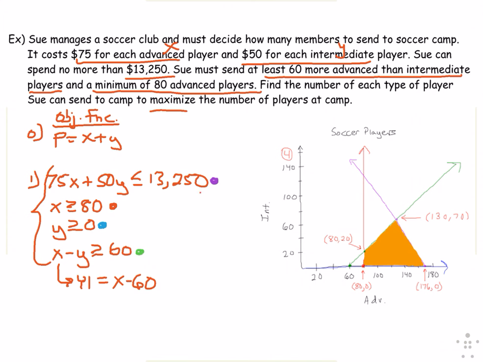Because I don't have that in front of me, I will show you how I really would do it. y2 is equal to, I don't know how any of this simplifies. You could divide it by 5 and go from there, but I'm just going to let the calculator do all the work. So parentheses, 13250 minus 75x, and then divide it by 50, using the calculator's amazing ability to perform calculations.